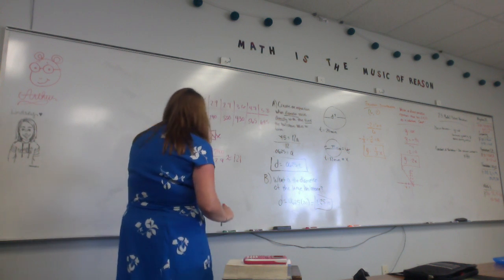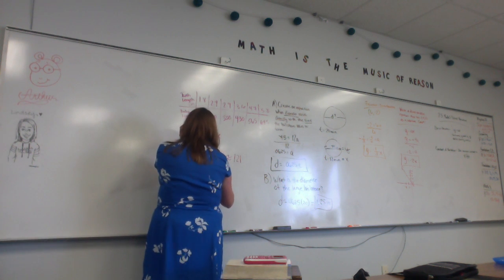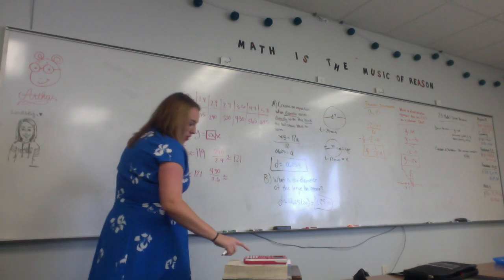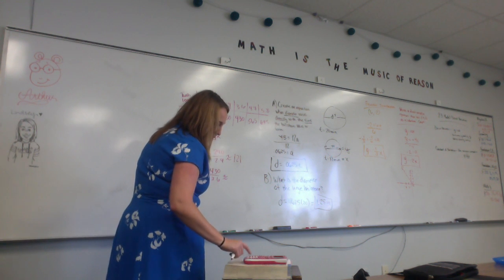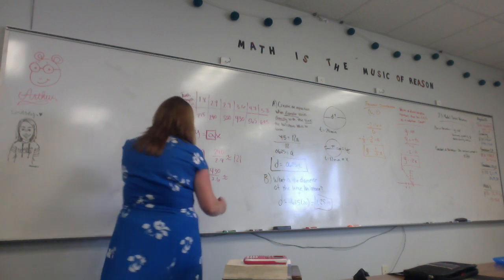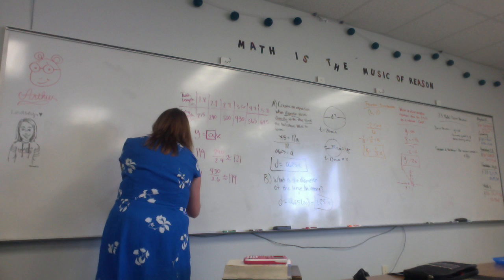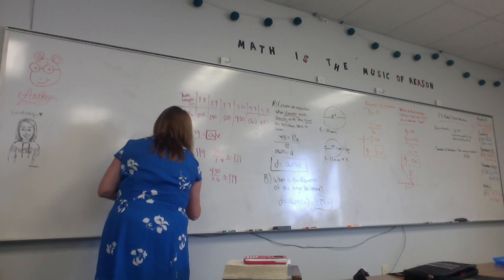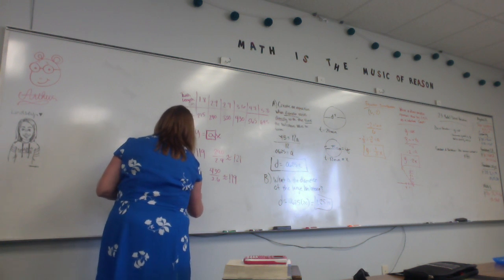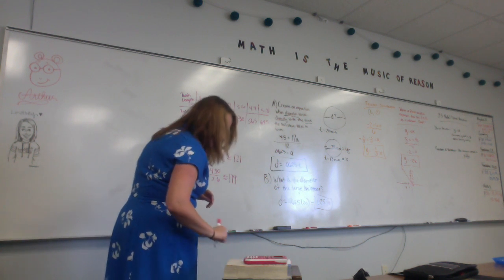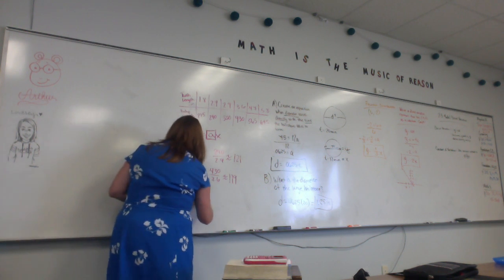If you do 430 over 3.6, okay, 430 divided by 3.6, you're going to get 119-ish, okay? If you take 565 and divide it by 4.7, okay, you're going to get 120-ish again.